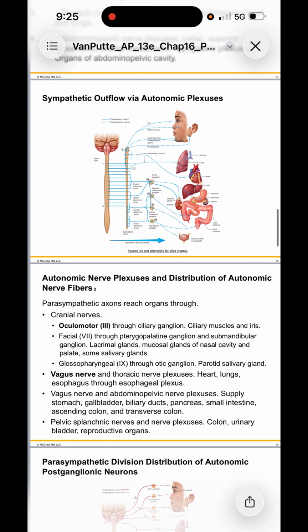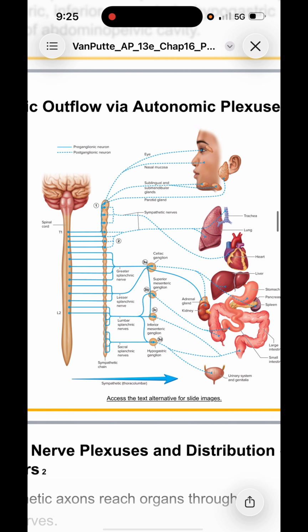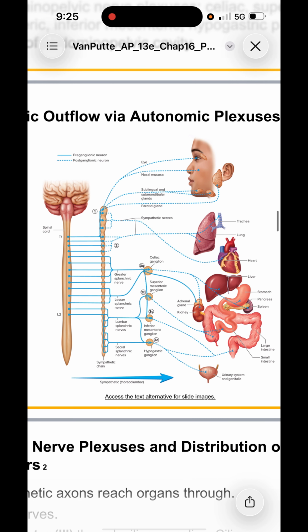Sympathetic outflow via autonomic plexuses. Preganglionic neuron, postganglionic neuron, spinal cord. 1.